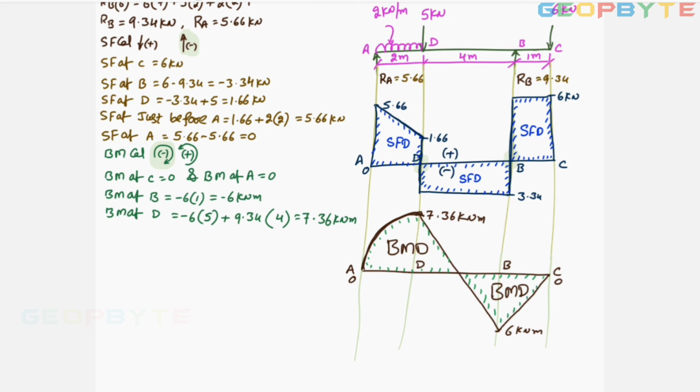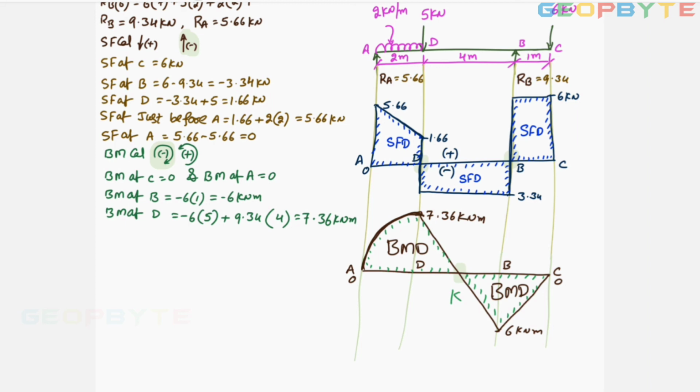Dear students, look at the diagram. The bending moment diagram changes its sign somewhere here, from negative to positive or positive to negative. At that point K, the point of contraflexure is occurring. The point where the bending moment diagram changes its sign from negative to positive or positive to negative is called the point of contraflexure.